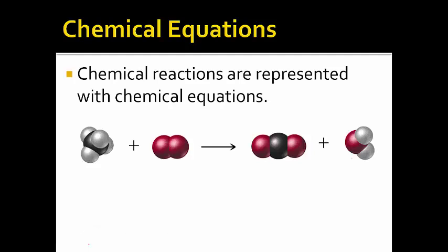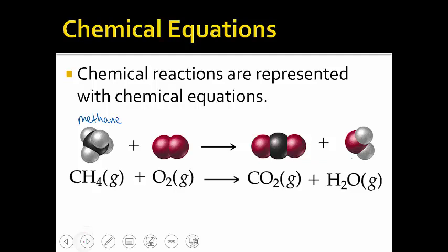So this is an example of a reaction. In this case, it happens to be methane. Methane is a hydrocarbon, an organic compound. We don't talk about organic compounds too much, but it's methane, and it's reacting with oxygen, and it's going to form carbon dioxide and water. So this is what it would look like at the atomic level, and this is how we would express it as a chemical equation.